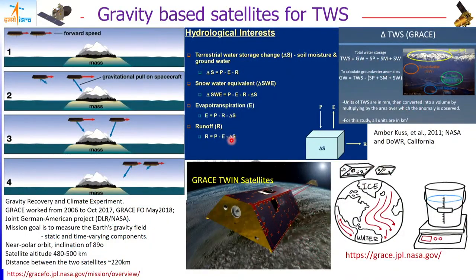And then there is one unique satellite which does a different kind of remote sensing. It is not optical, thermal, microwave or altimeter. It measures gravity by accurately measuring the location of two satellites.